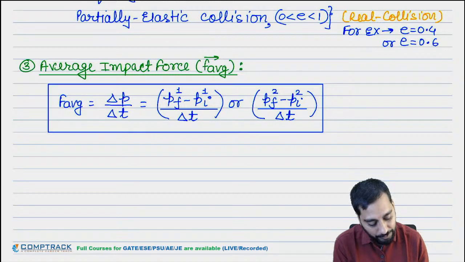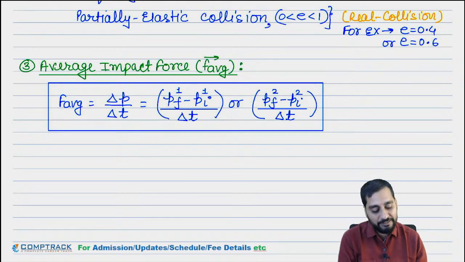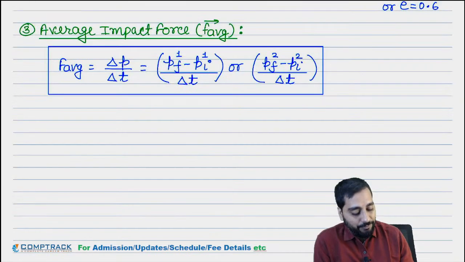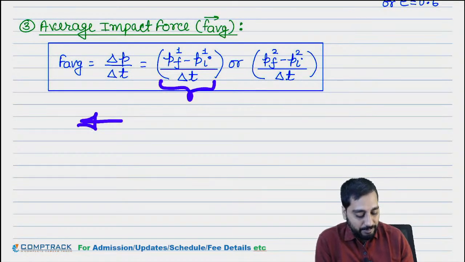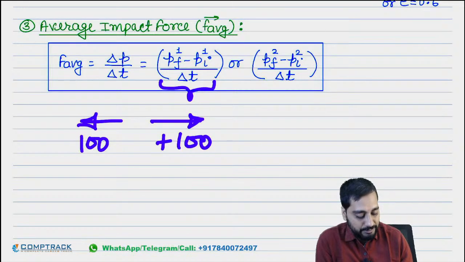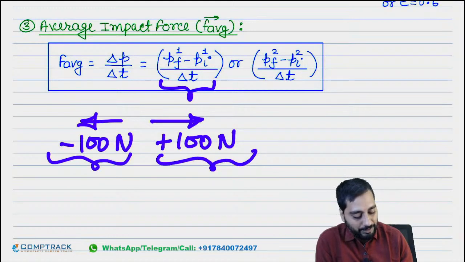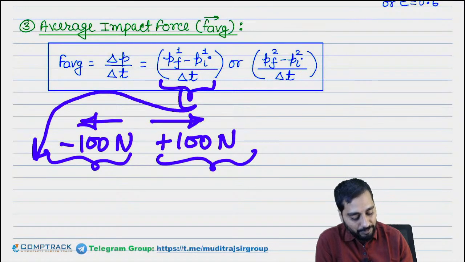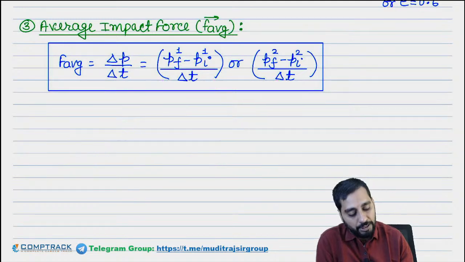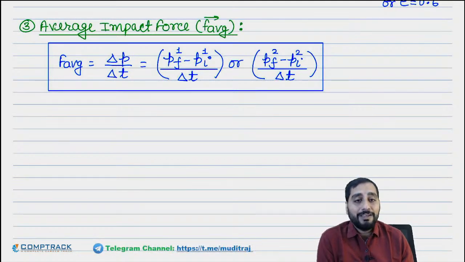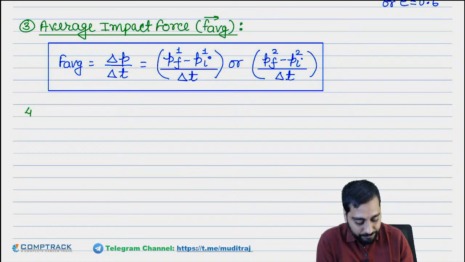Magnitude wise they will be equal. If by first body you are getting minus 100 in this direction, then on second body you will get plus 100 in this direction. Magnitude will remain same, but sign will be opposite, because forces will be in different directions on both the bodies.